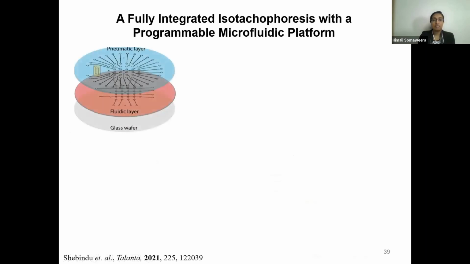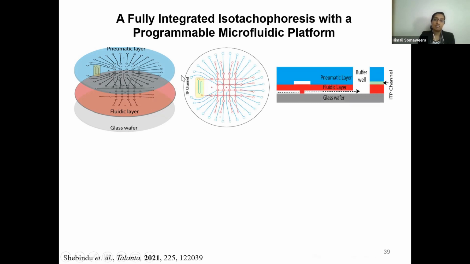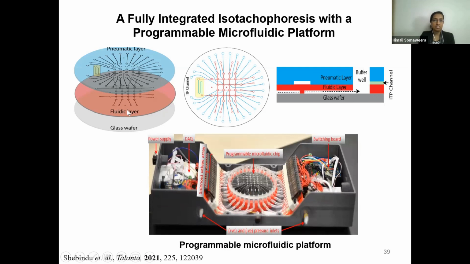And then with another grad student, I used fully integrated isotachophoresis using a programmable microfluidic platform. So it's pretty automated. You have the ITP channel attached, and we use vacuum actuation with a fluidic layer and a pneumatic layer. So there are 3 layers: pneumatic layer, fluidic layer, and glass wafer.